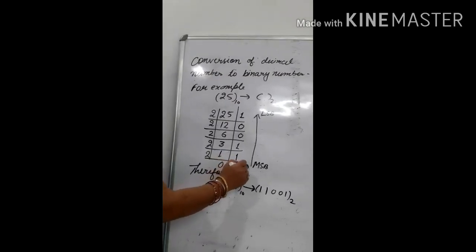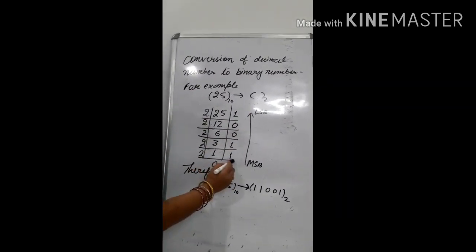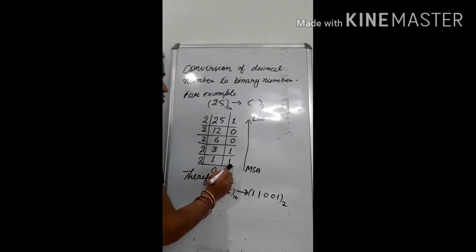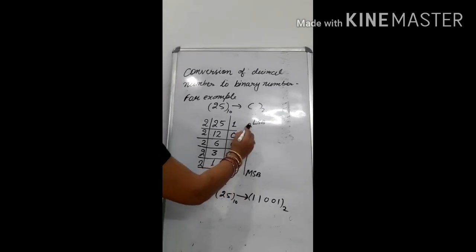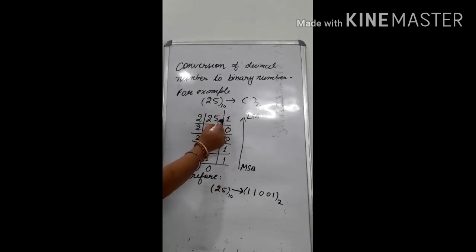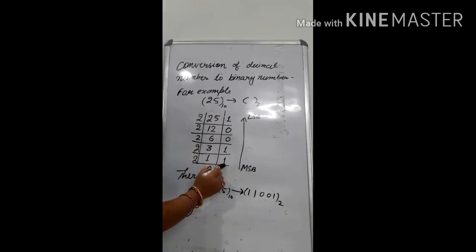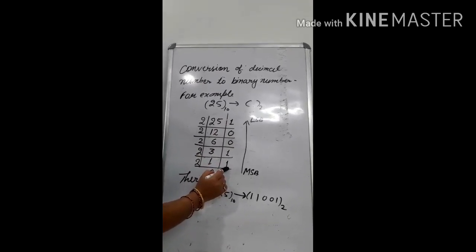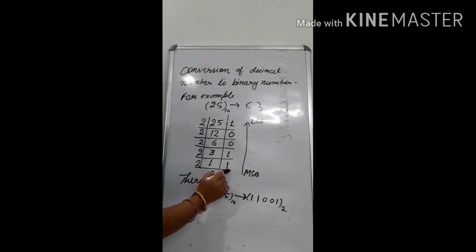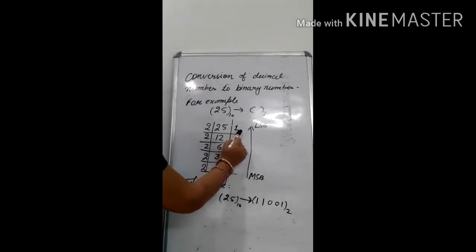Next we draw a line from bottom to top. This is called most significant bit and this is least significant bit. This is least significant bit, means this bit has the lowest place value, and this one has the highest place value.